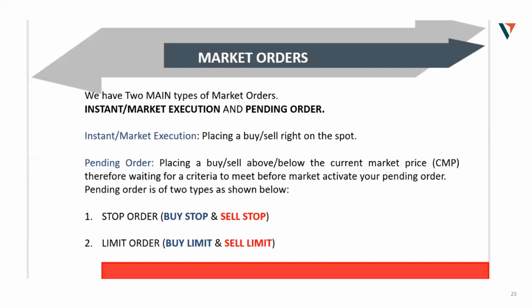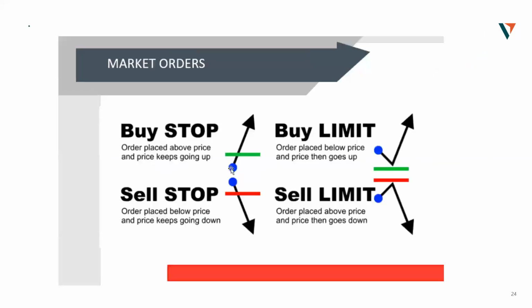Now in trading, you are going to use a lot of these because trading has to do with analyzing the market ahead of time. You analyze the market and you determine ahead of time where price is likely to get to, and then you place a pending order at that point, waiting for price to get there and then activate. All right.